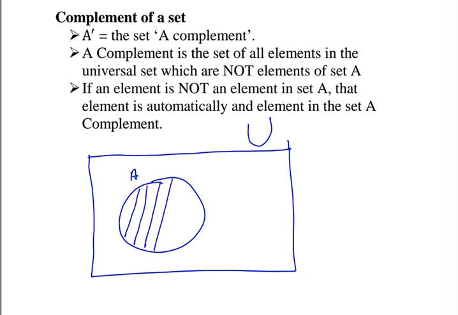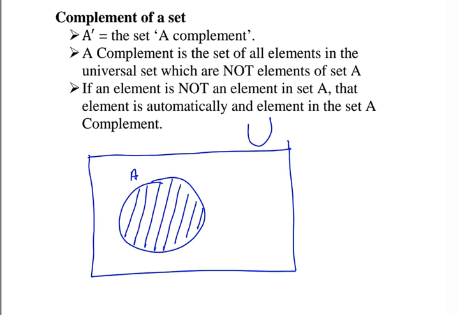So within this circle, this is the set A. It contains all elements which are members of the set A.